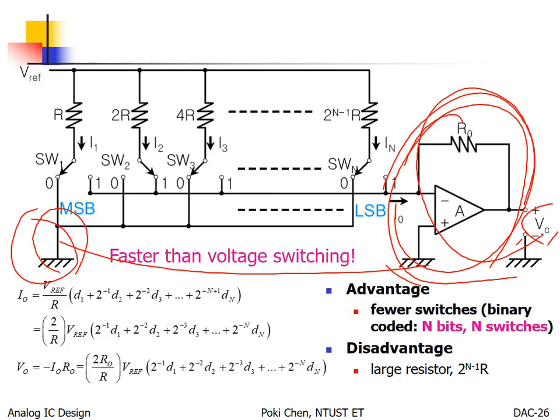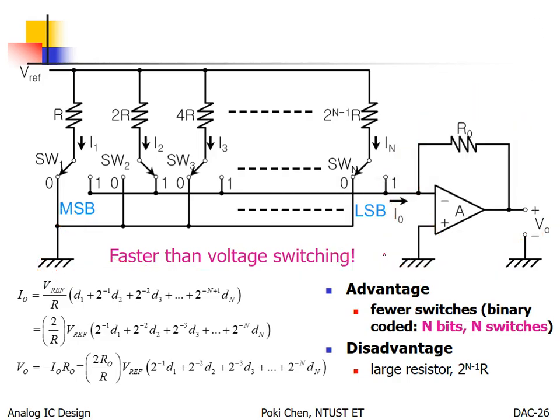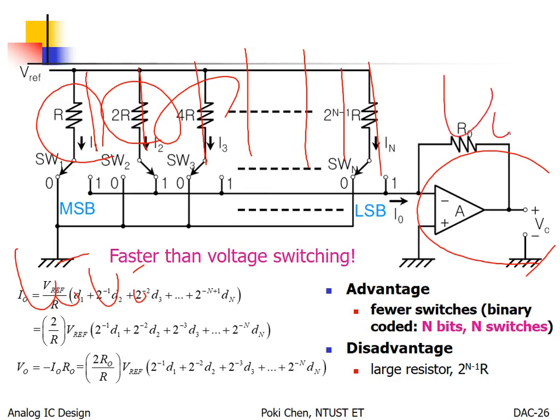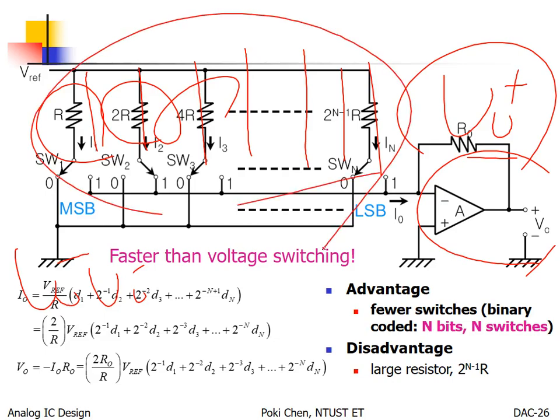All the currents, I told you already, are flowing, never mind to the left or to the right. So the total current through Vout plus and Vout minus is exactly the same. Because the currents are either to the left, I mean to the minus output, or to the right, to the positive output. So the total current is fixed.